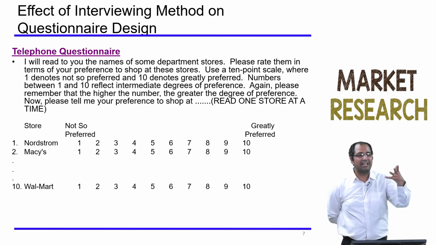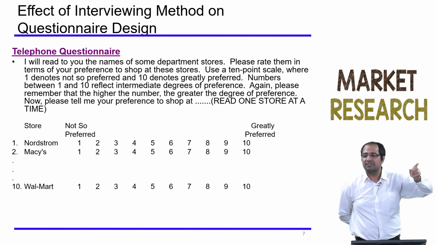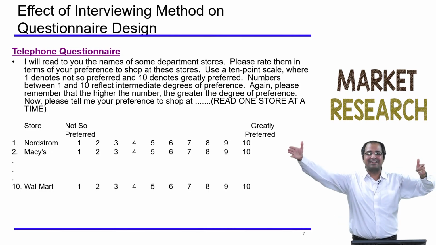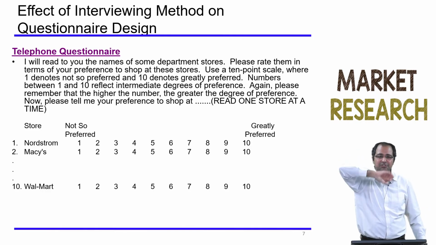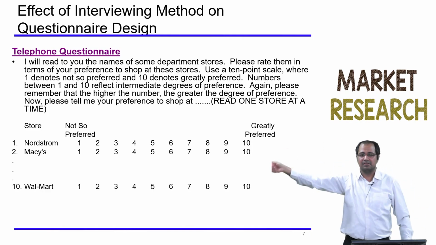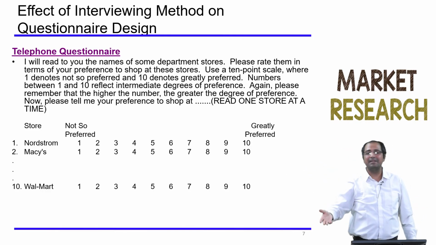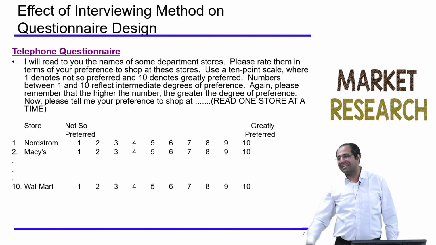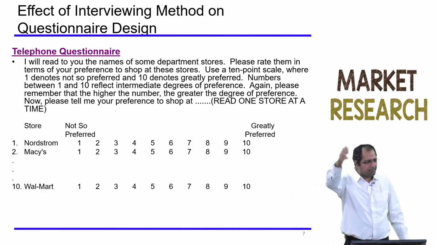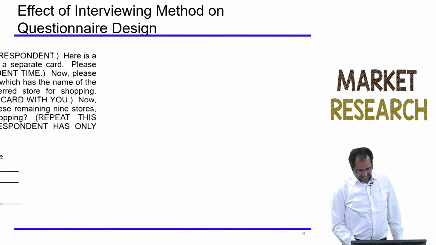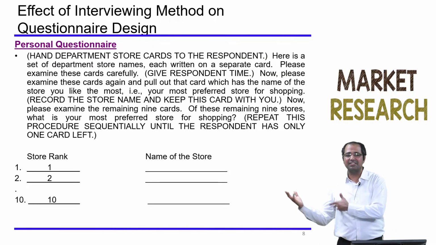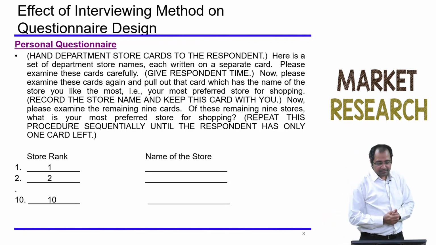When you are asking on telephone, you can say how much you prefer buying from this store, 1 to 10. 10 strongly prefer, 1 not at all prefer. Store number 1, store number 2. That will be easy on the telephone questionnaire. And then whatever score you got, you can arrange based upon that, rank order 1 to 10, whatever. If face to face, it can be done in this way, that is given on the screen.